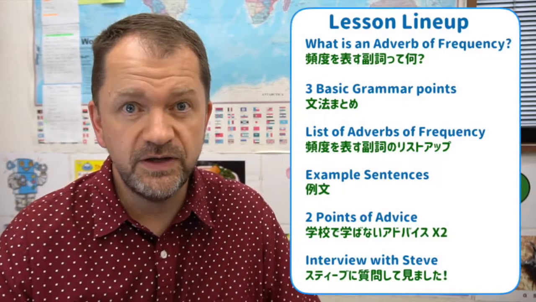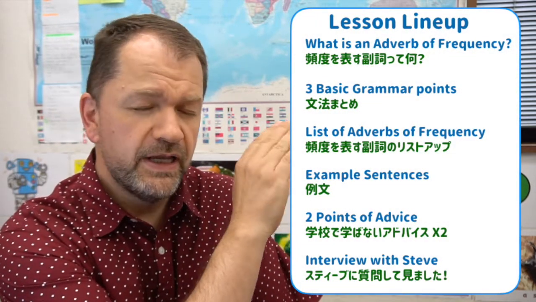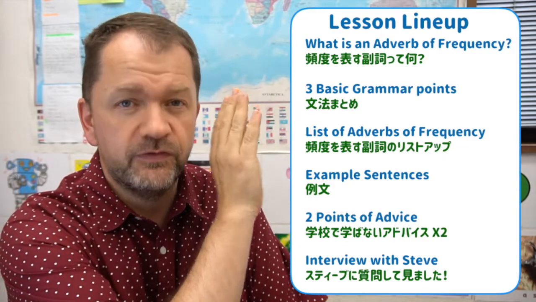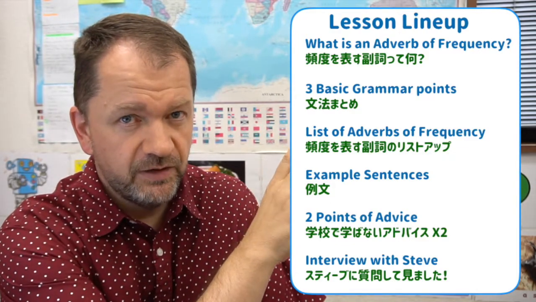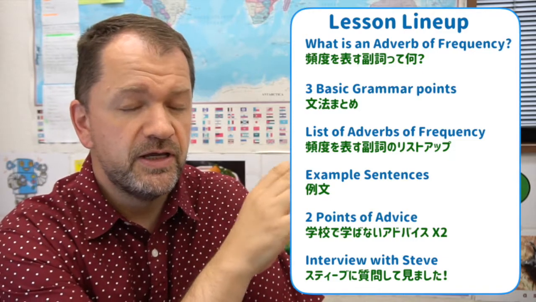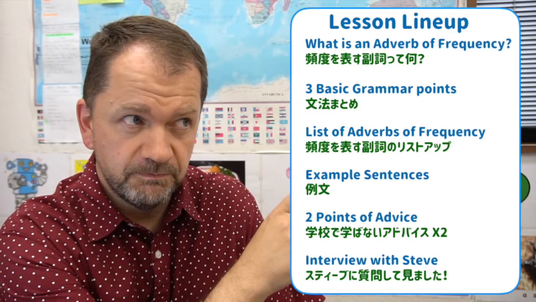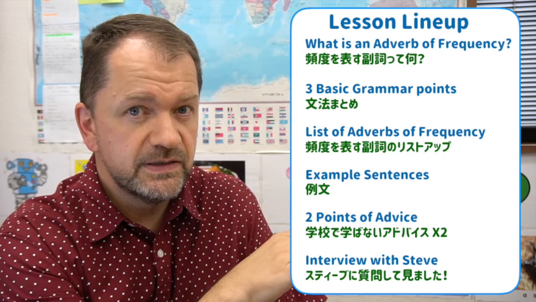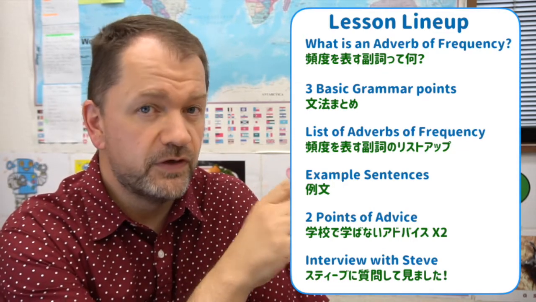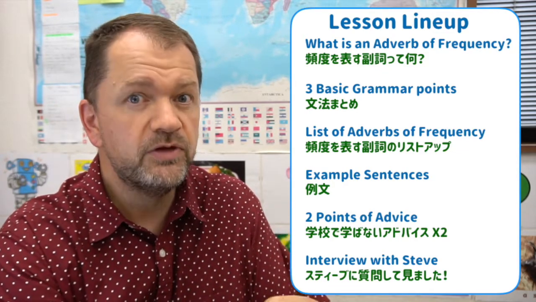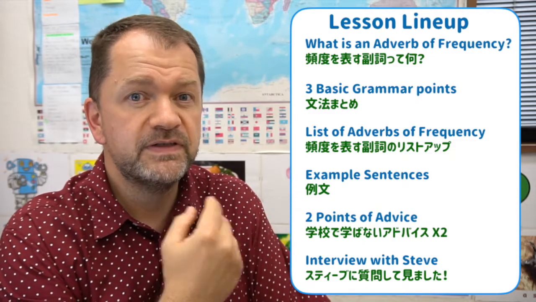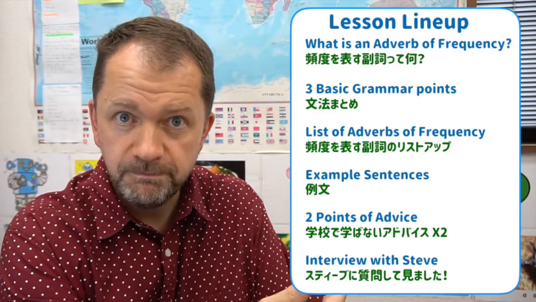Here is today's lineup. Now, we will start with what is an adverb of frequency. After that, we'll talk about 3 basic grammar points, then a list of the adverbs of frequency. Next, we will give 3 sample sentences of using each one.